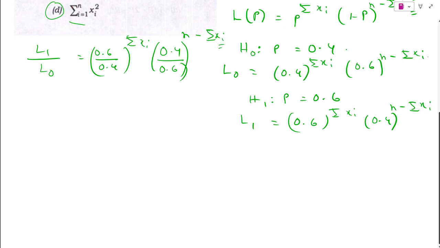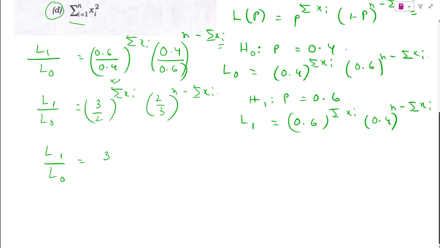Now simplify. So 0.6 by 0.4, this is basically 3 by 2. And after simplification, we are getting, right?